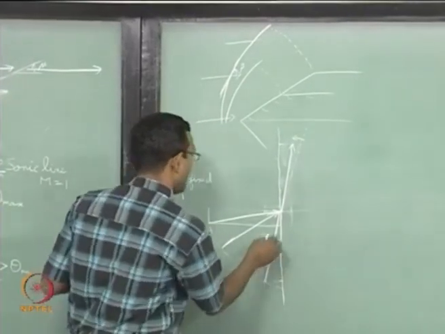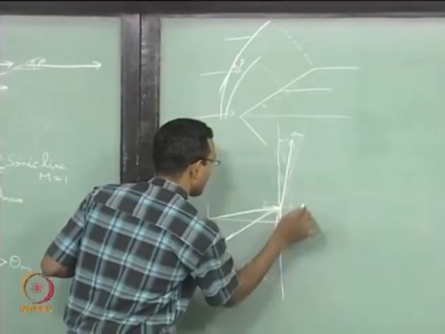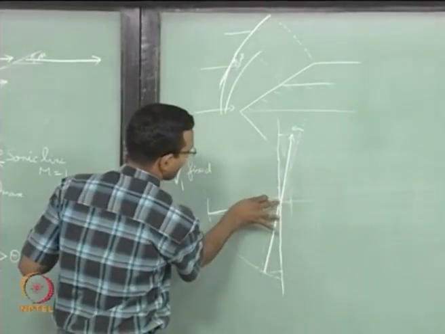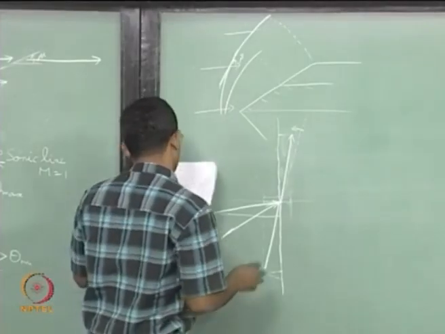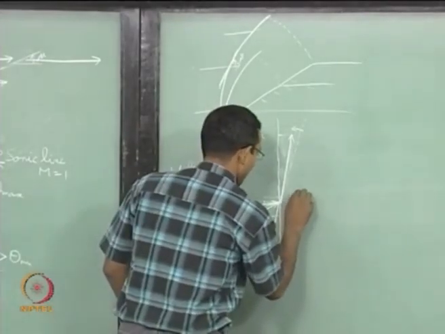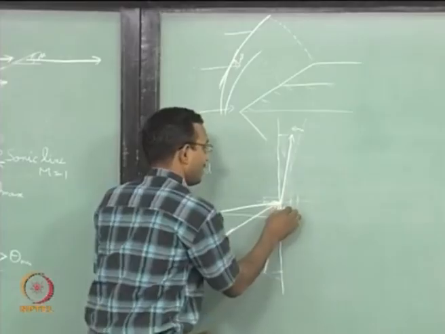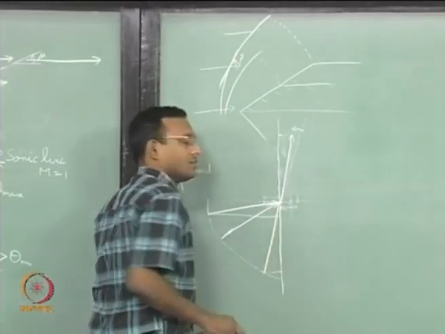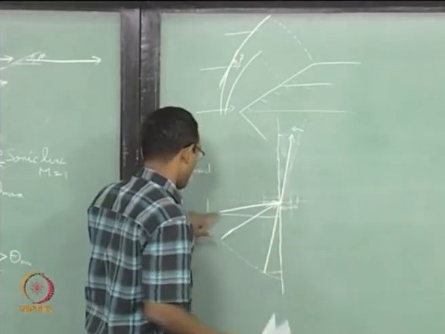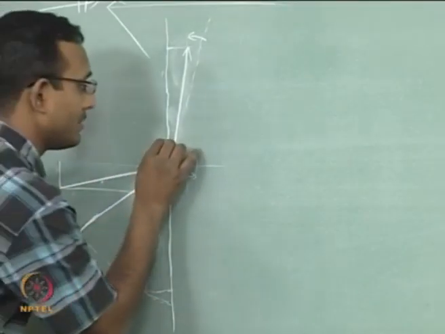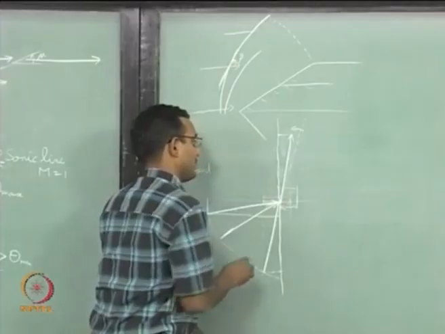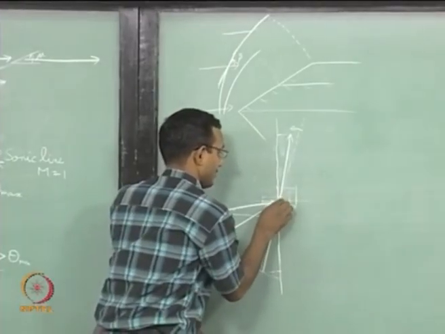I will pick the tangential value to be somewhere here, the same length, and then the normal, I do not know where it should be, I will consider this to be my u2 normal for this case. So, I will end with this, and that value is somewhere here.